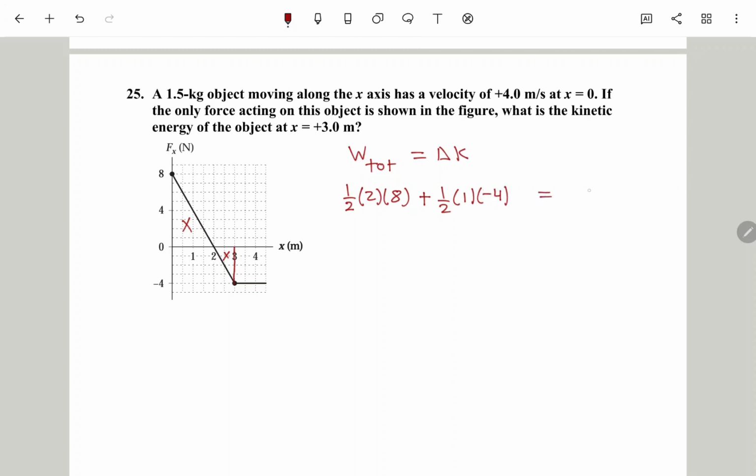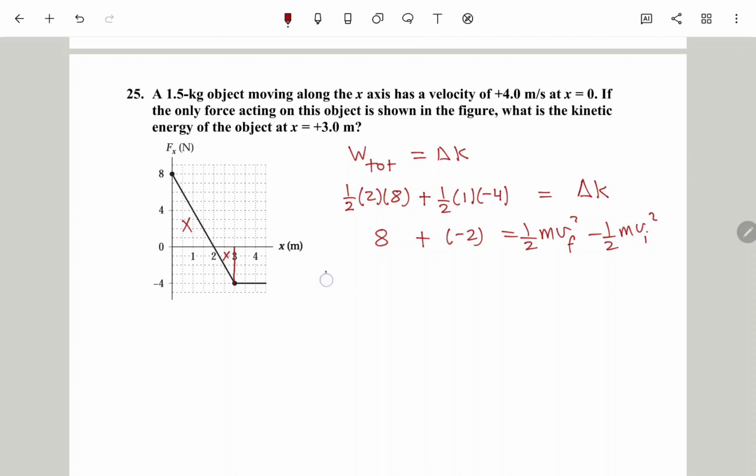This is equal to delta K, or in other words, this is actually equal to 8 plus minus 2 equal to half m V final square minus half m V initial square.